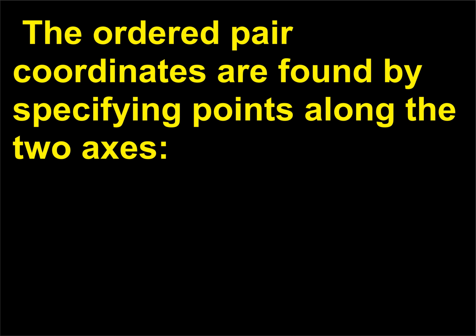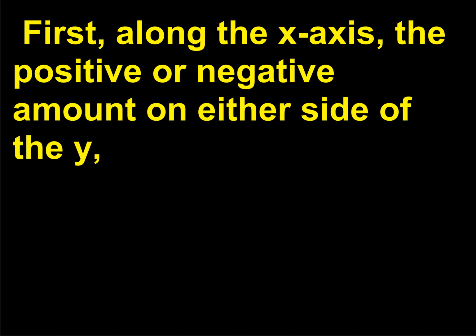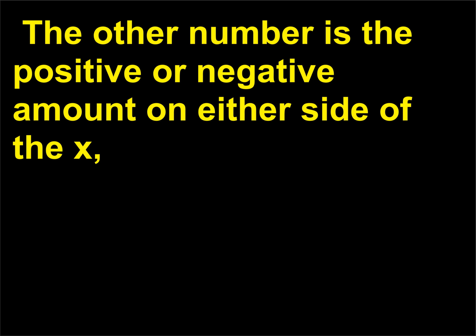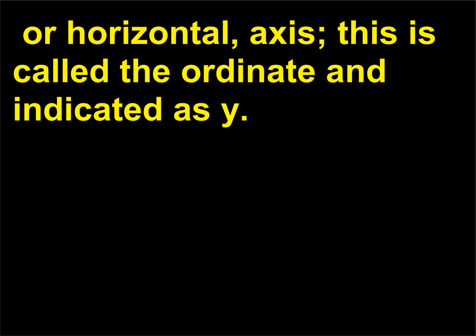The ordered pair coordinates are found by specifying points along the two axes. First, along the x-axis, the positive or negative amount on either side of the y or vertical axis, this is called the abscissa and indicated as x. The other number is the positive or negative amount on either side of the x or horizontal axis, this is called the ordinate and indicated as y.